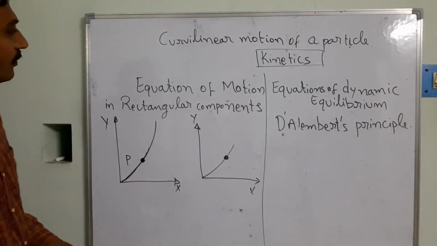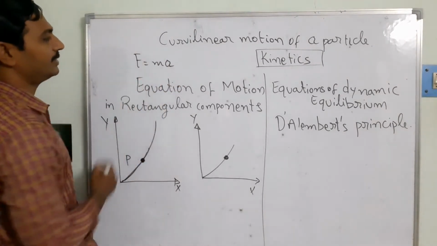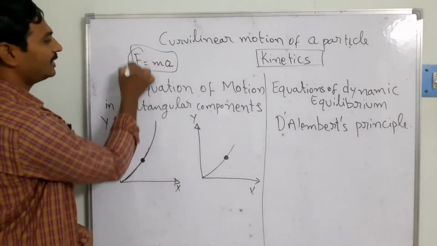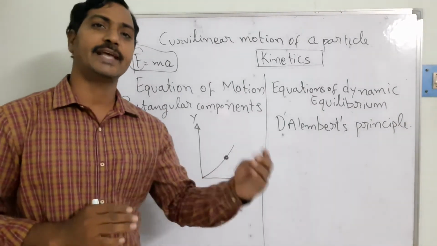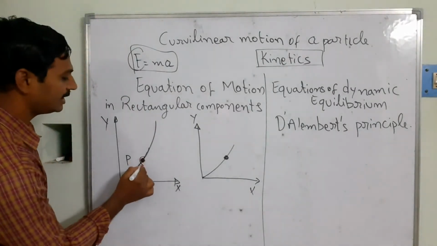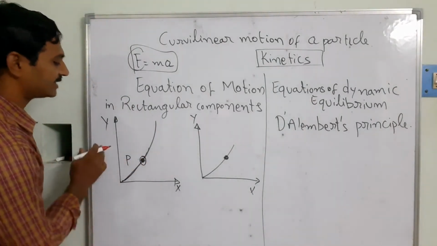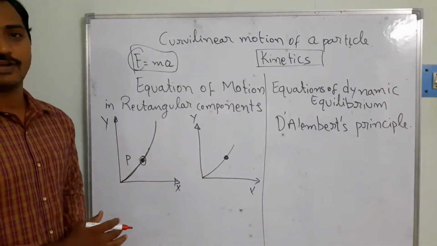As we know, the formula F equals ma applies. But when I resolve this resultant force, it gets two components, one in the x direction and another in the y direction. The particle is covering x as well as y simultaneously, but the path is curvilinear.